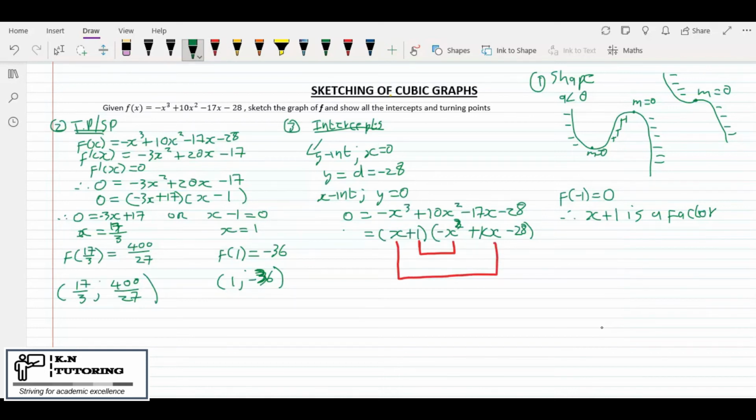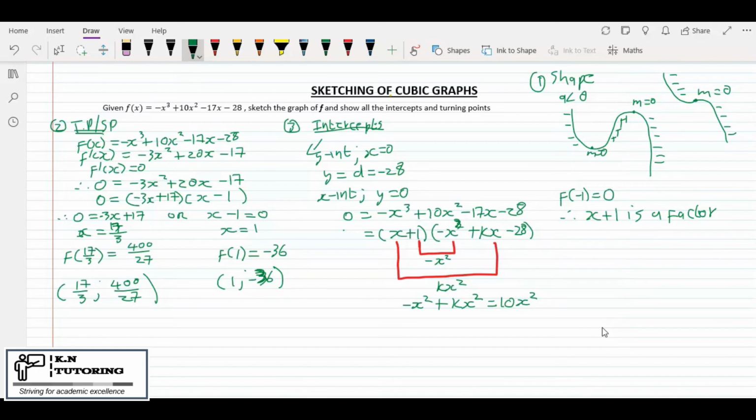Going back to my green, if I multiply these two, I'm going to get minus x squared. So if I say minus x squared plus kx squared, when I equate them, they must give me 10x squared.